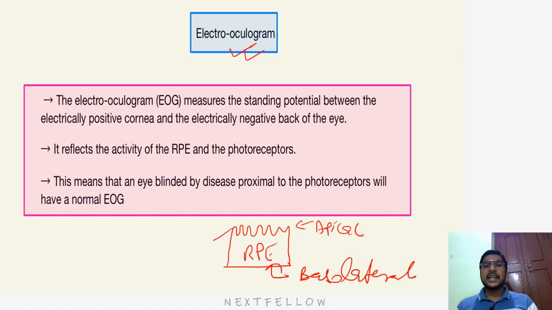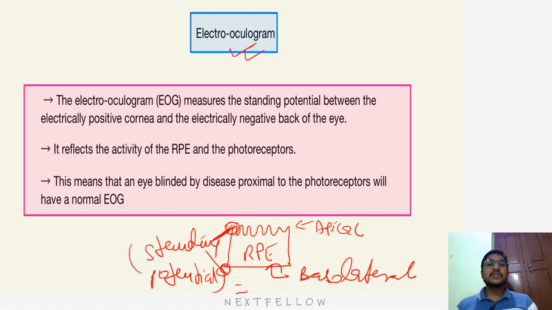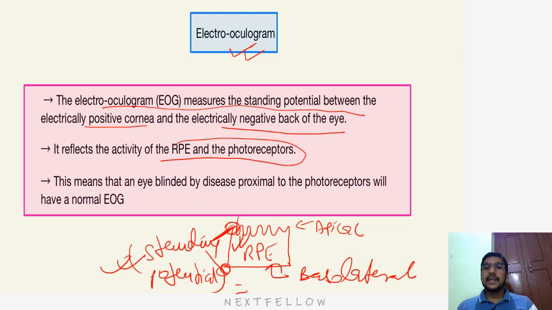Electro-oculogram measures the standing potential, which is the difference of potential between here and this area of the RPE. For the sake of convenience, we write that the electro-oculogram measures the standing potential between the electrically positive cornea and the electrically negative back of the eye. This is a simplification, but actually we are measuring this one. Got it? Now it measures the activity of the RPE, and obviously the photoreceptor is embedded here.